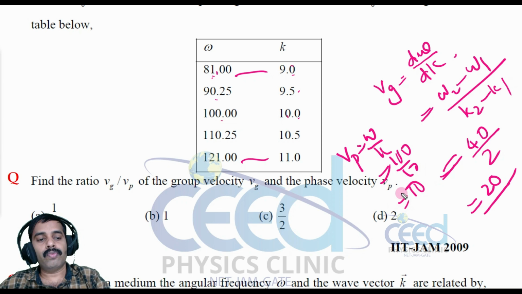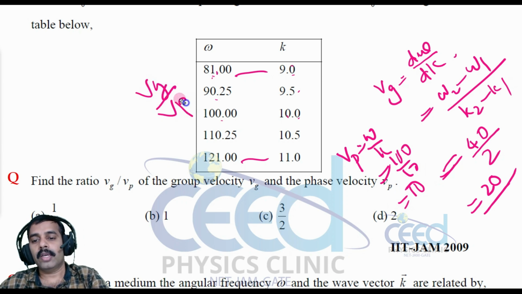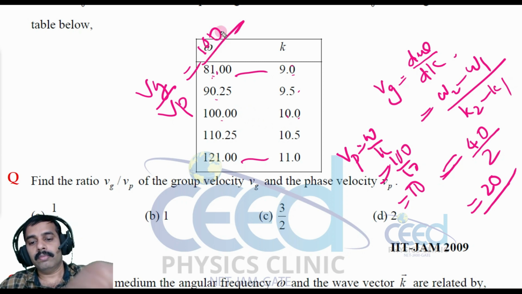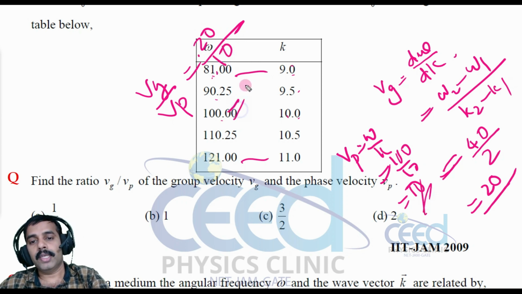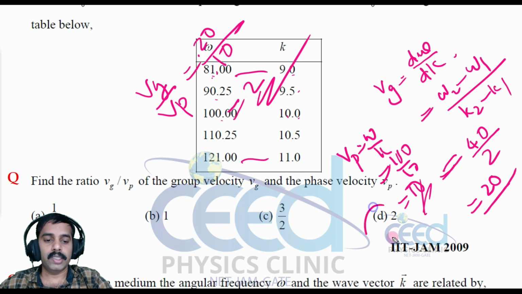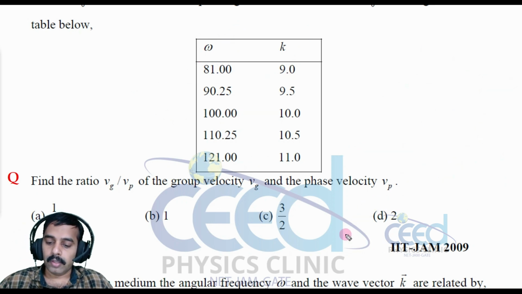So we need to find Vg by Vp, right? What is Vg? 20, and what is Vp? That is 10. 20 by 10 is equal to 2. So the option is D. All right.